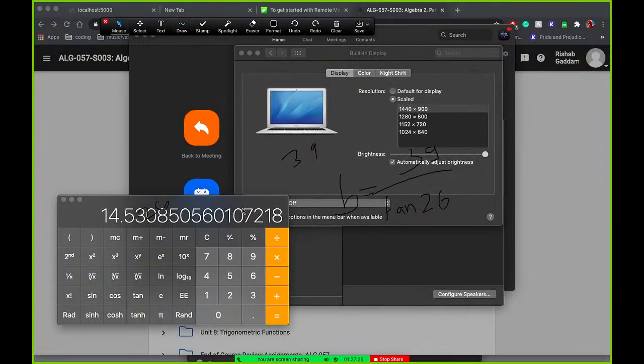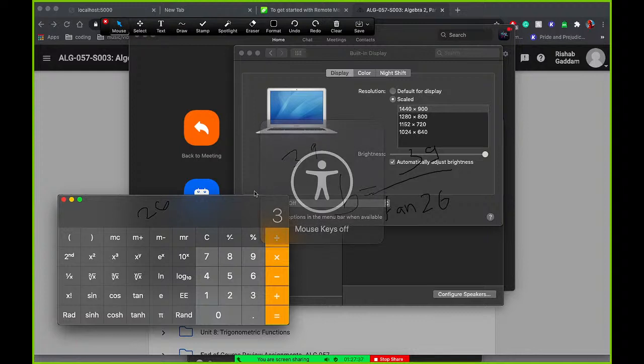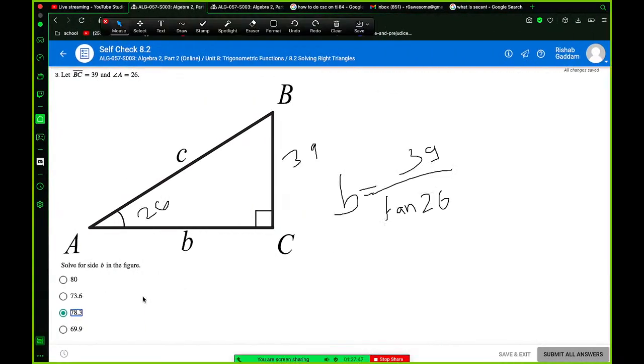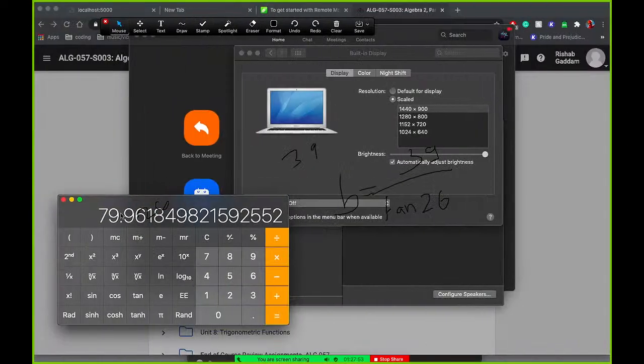But let's actually calculate that. So you have 39 divided by 26 tan, and you get 79.9, which is 80. So I think it's actually 80. Let me try that again.